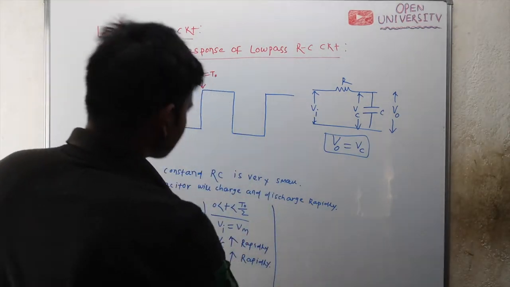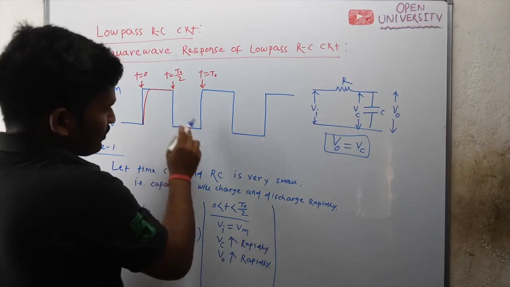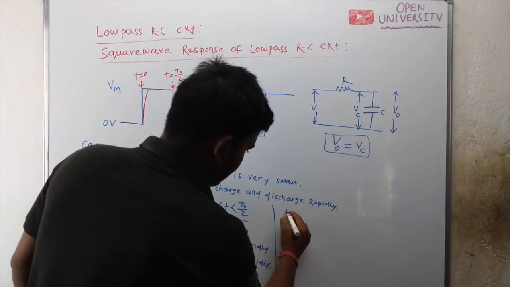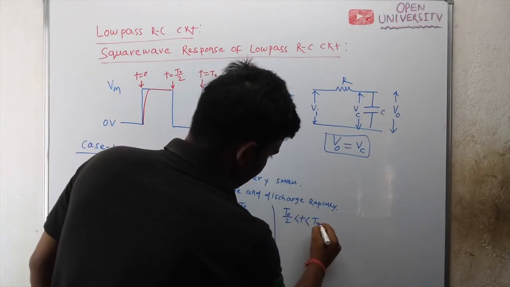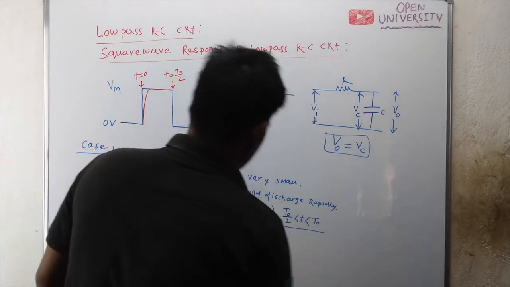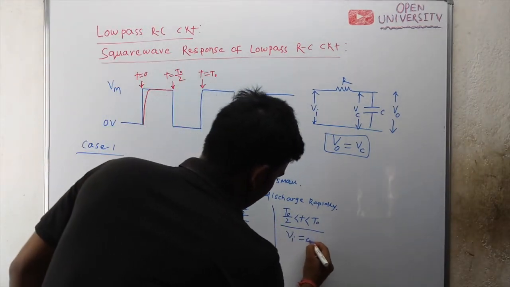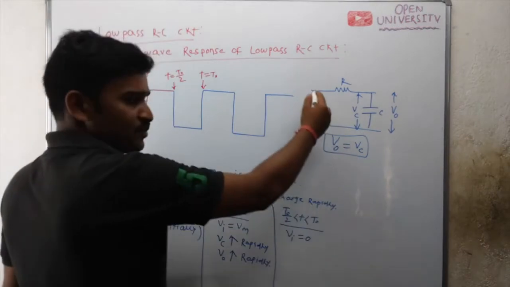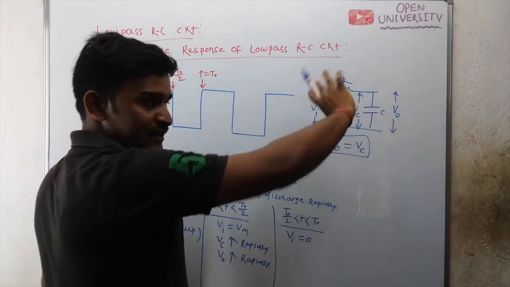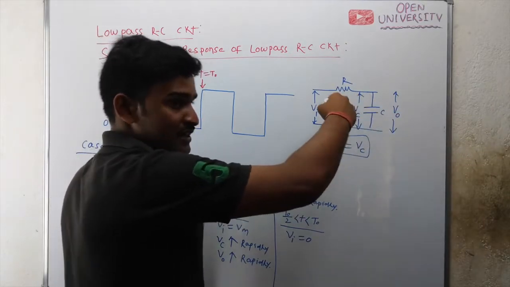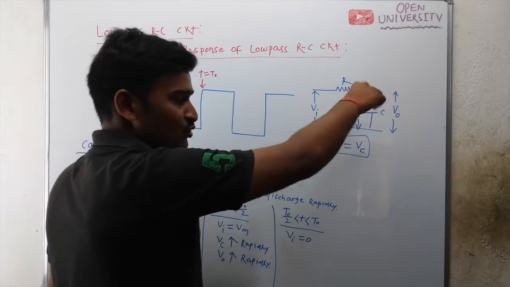Now, when t is in between t naught by 2 to t naught, in this interval, what happens? Input voltage is 0. Since input voltage is 0, capacitor cannot charge, capacitor will discharge through the resistor. Immediately it will discharge its energy through the resistor.